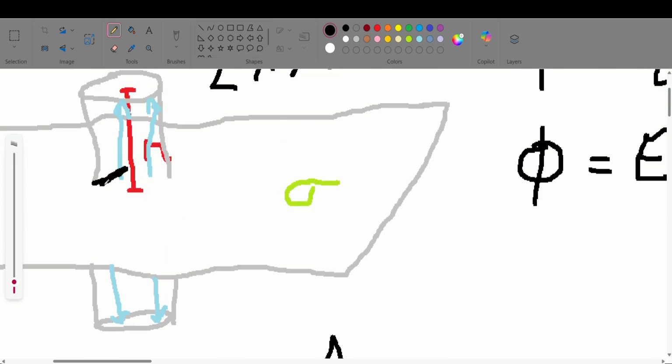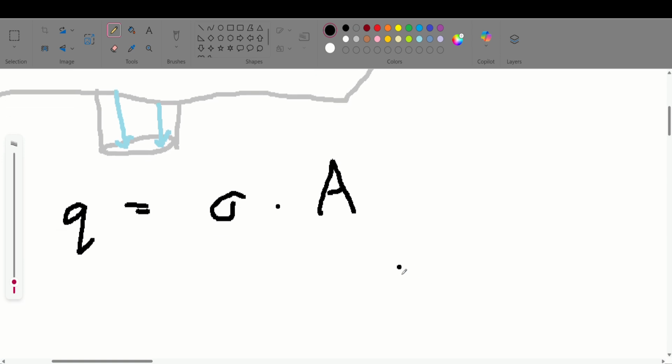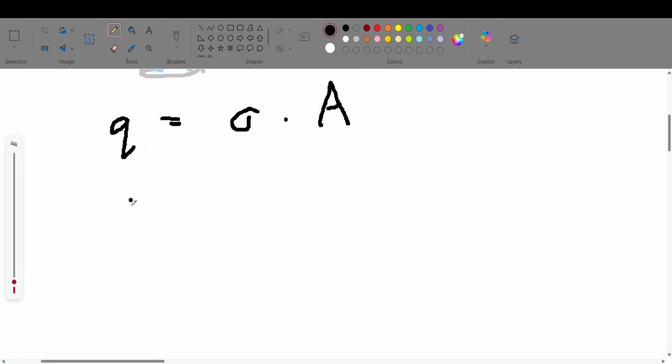Now this circular area obviously has an area of pi r squared. So we can say that Q is equal to sigma times pi r squared.